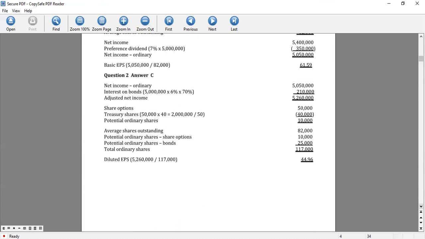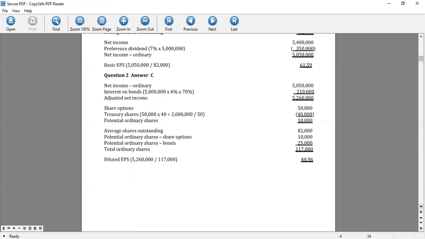Then question number 2, we have net income and interest on bonds that we have to add back. So the adjusted net income is 5,260,000. Then for the share options, 50,000.